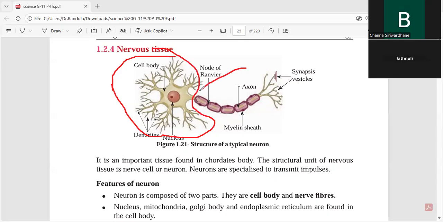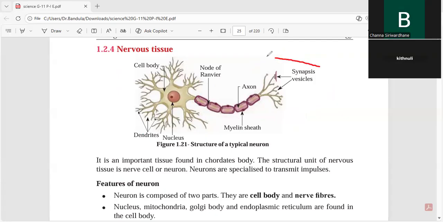And a fruit-like part. Actually, it is like a fibrous filament, right? There are two parts which are interconnected.